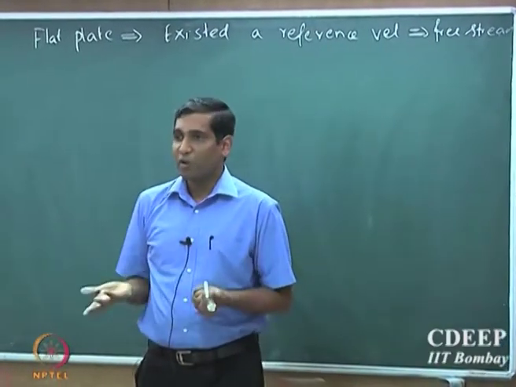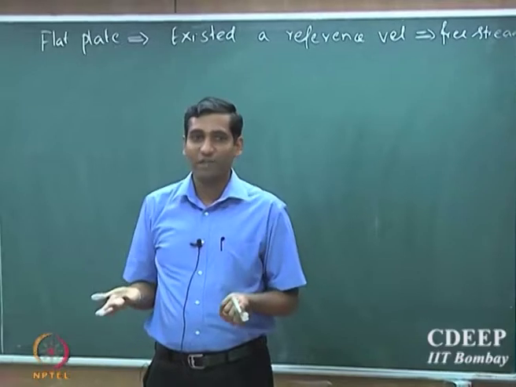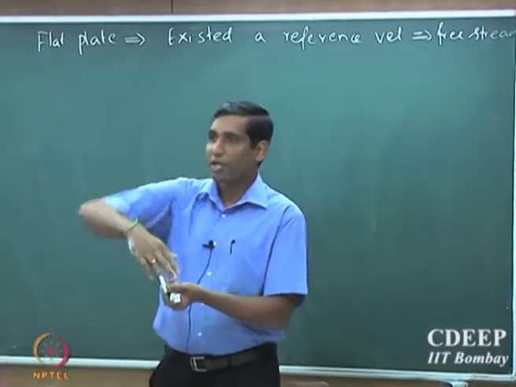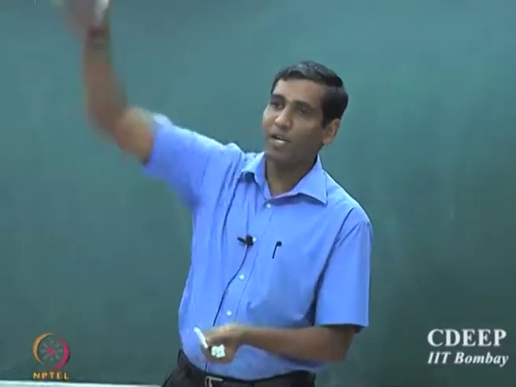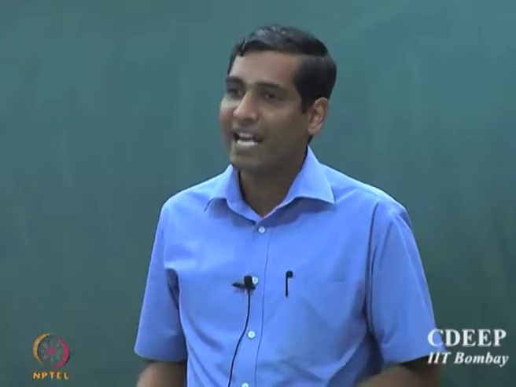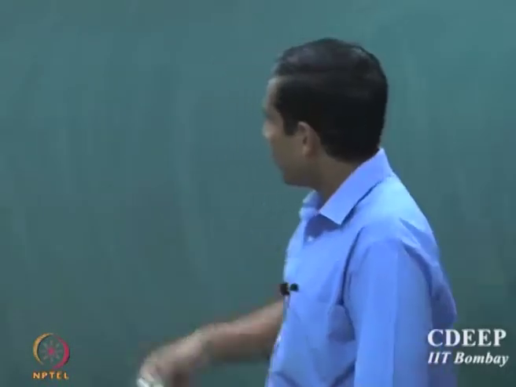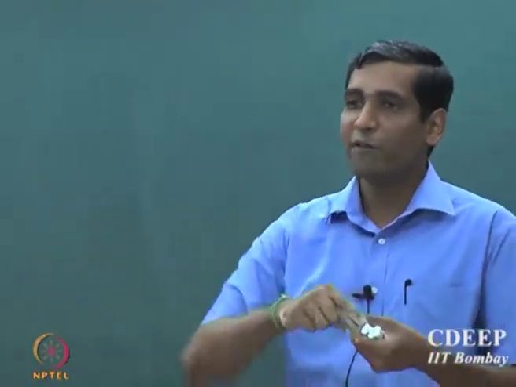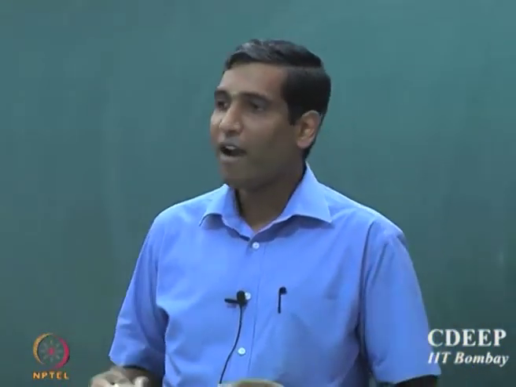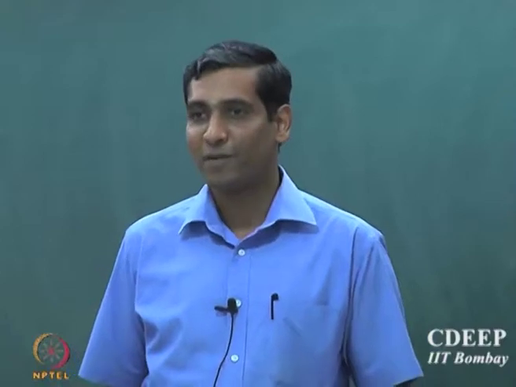But in a pipe flow, there is nothing called a free stream velocity, right? In a flat plate, you had whatever fluid flowing well past the boundary layer, you say that's the free stream velocity, and we use that for all scaling purposes. But in an internal flow, when fluid is flowing through a pipe, there is no reference velocity. So we have to start from defining the reference velocity. So what's the most appropriate reference velocity?